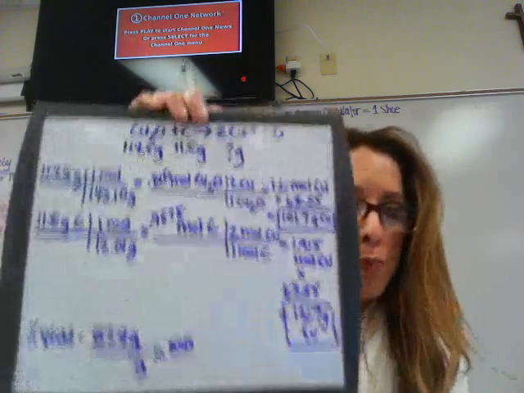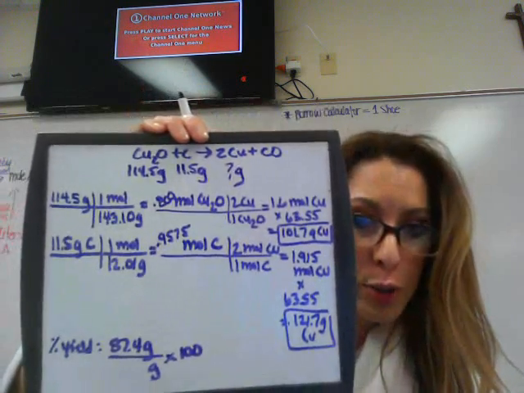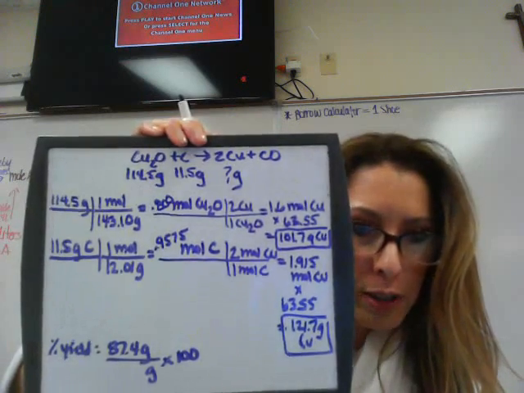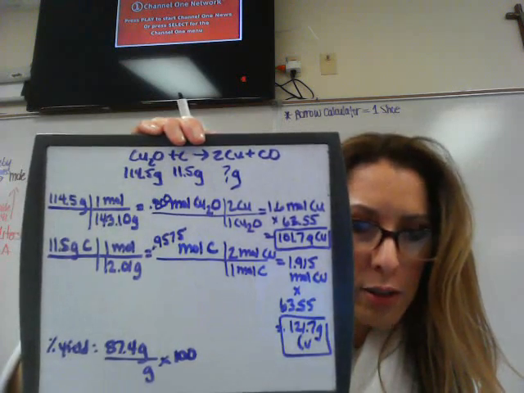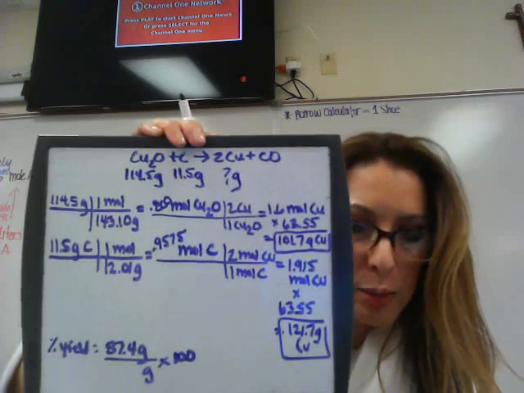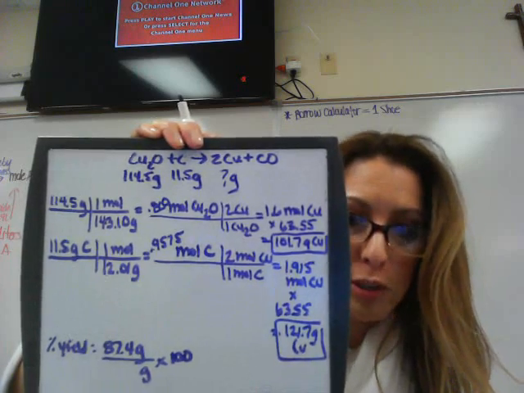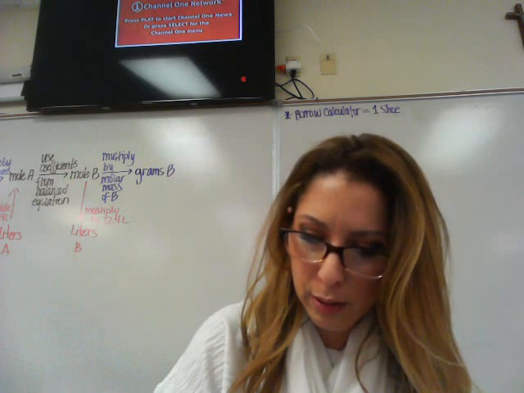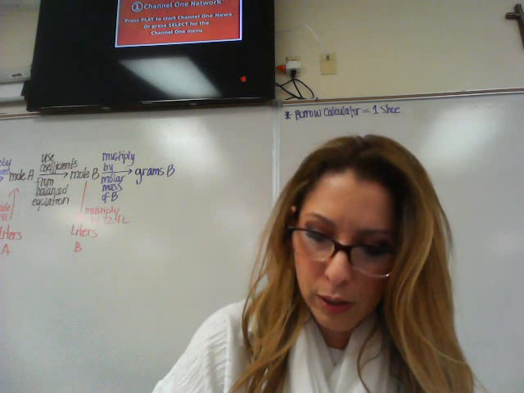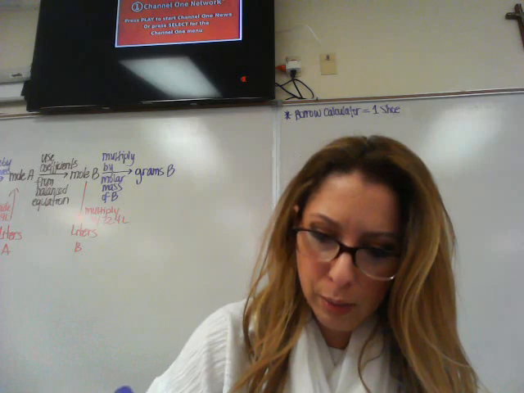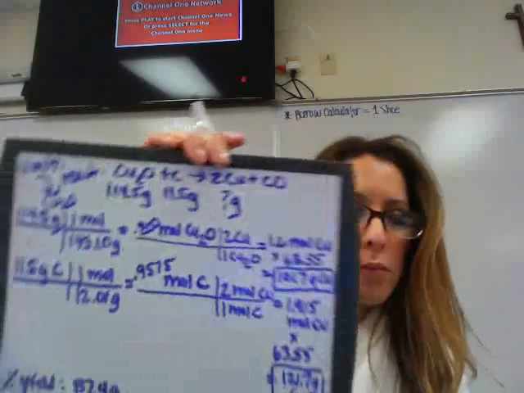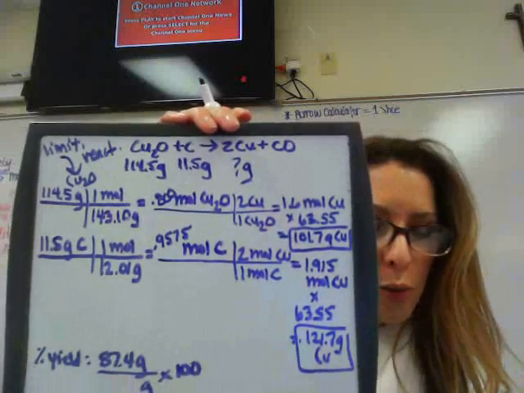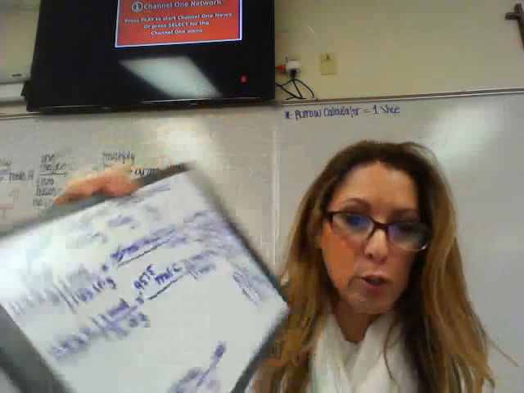Okay, so which reactant produced the least amount of copper? It was the Cu2O, because it produced 101.7 grams, which is less than 121.7. So up here, which was my Cu2O, this is my limiting reactant, okay? And then the 101.7 is my theoretical yield.